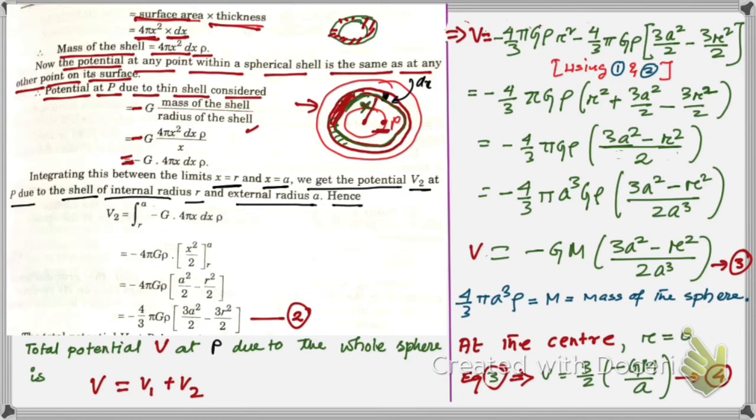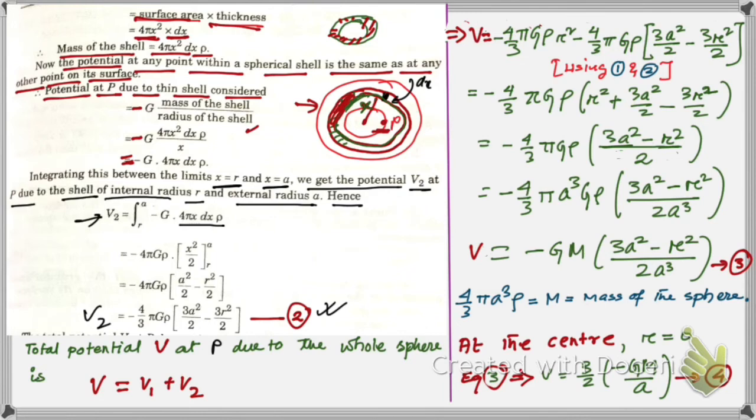Hence V2 is given by this integration from r to a of minus G 4 pi x dx rho. After integrating this, we have got equation number 2. This is V2, right? I hope you know how to perform integration.